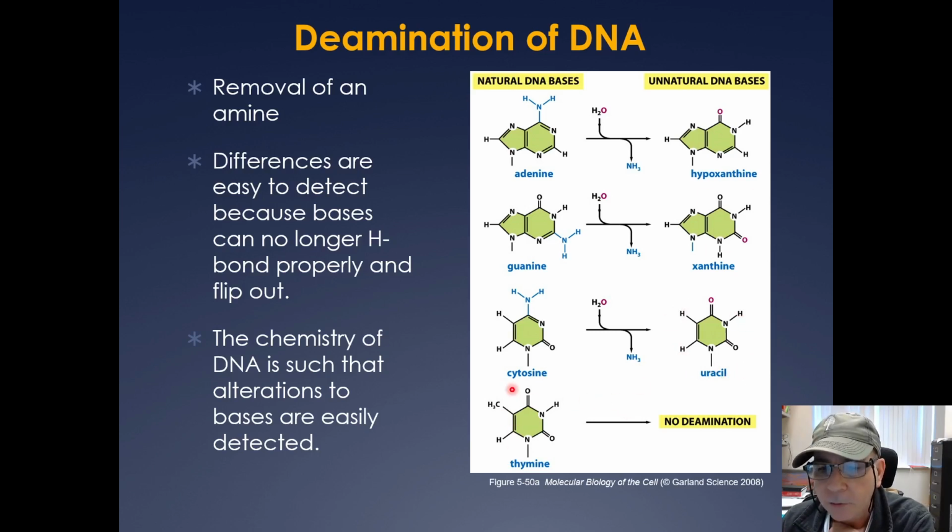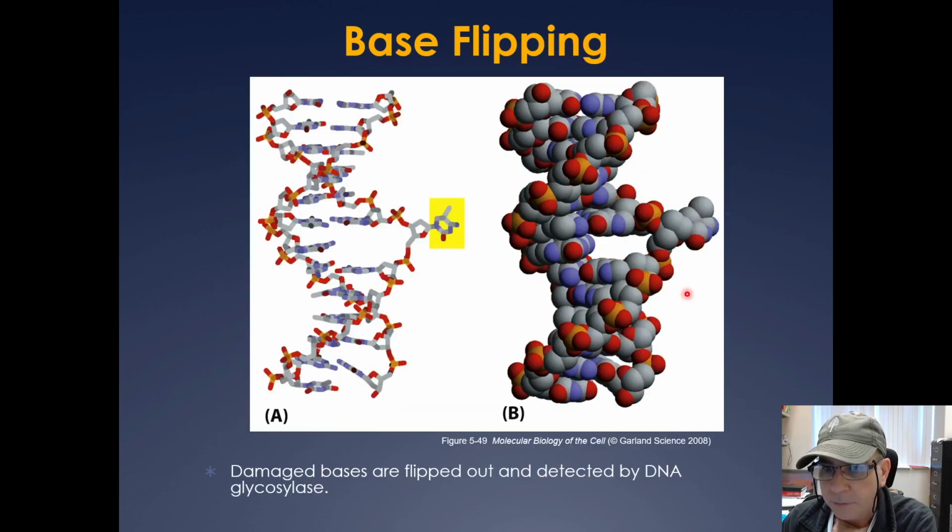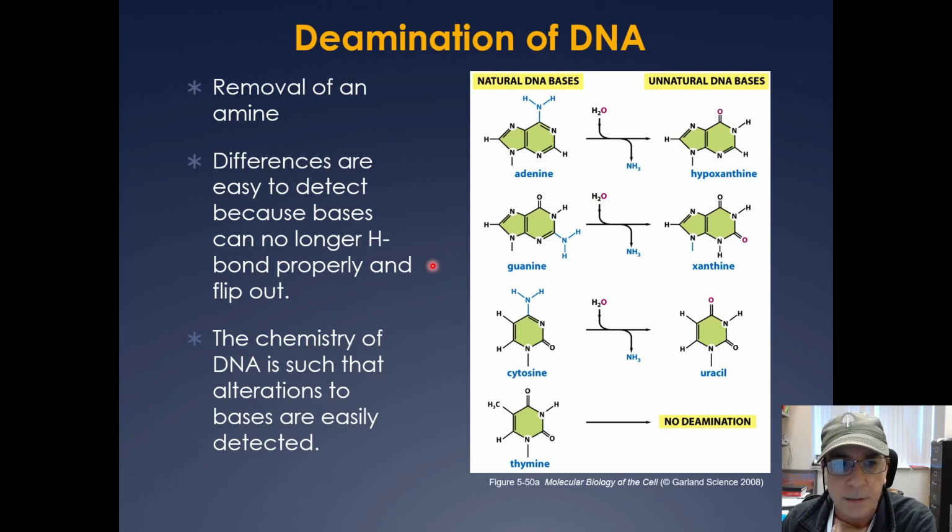And thymine can't even undergo deamination because there's no amine group associated with it. Once again, if you do have deamination, the bases are readily flipped out and easily detected because they can no longer form the hydrogen bond with the complementary base.